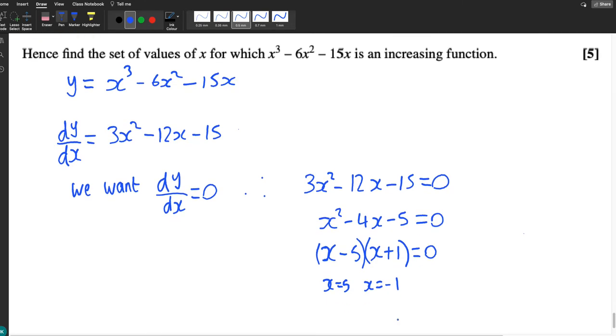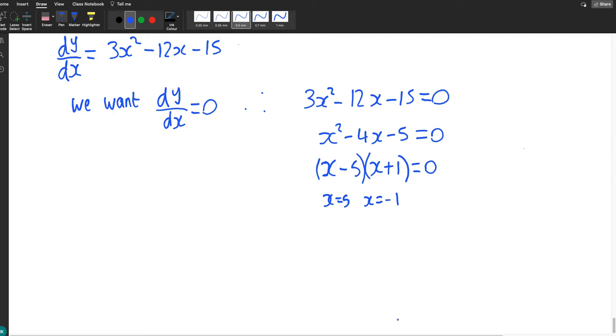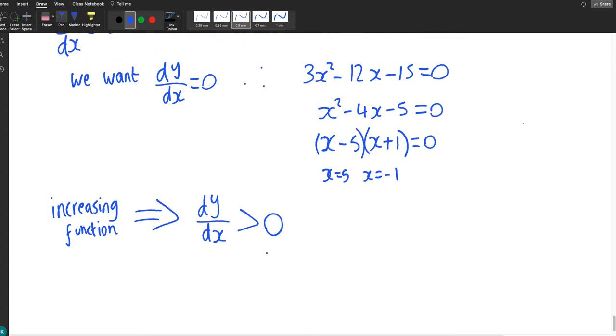Now, hence find the set of values for which it's an increasing function. Well, an increasing function means a positive gradient, right? Increasing function means positive gradient. So we know increasing function implies that dy dx is greater than 0 because it's a positive gradient.